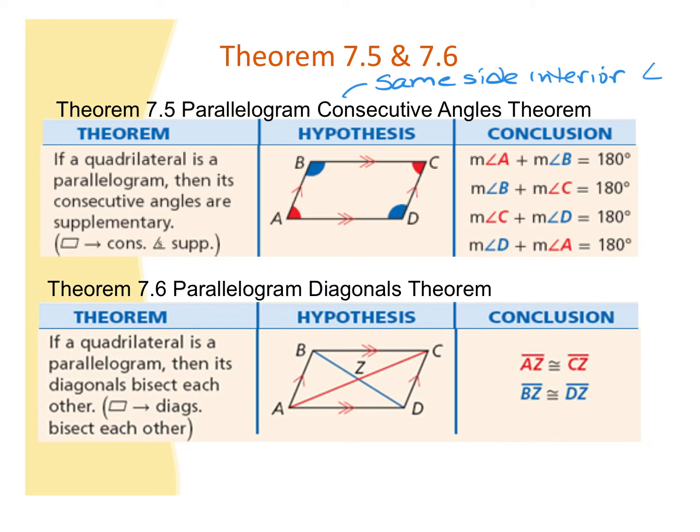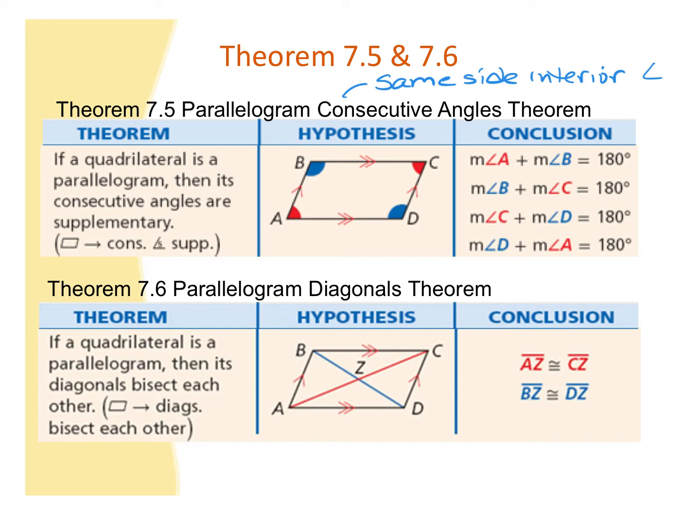So what this theorem states is that if a quadrilateral is a parallelogram, then its consecutive angles are supplementary. So consecutive, just like consecutive integers are numbers in order. So here the consecutive angles are angles that are side by side.